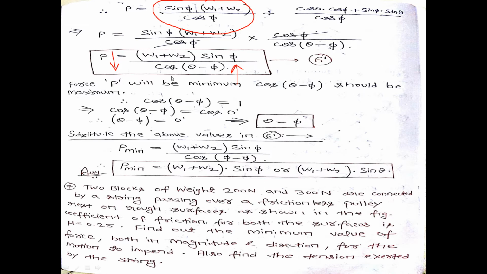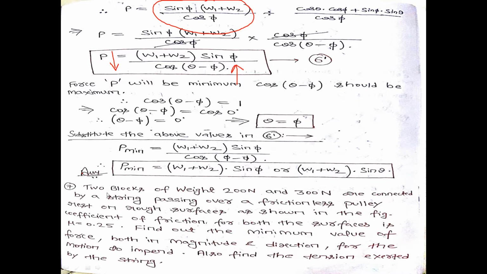You will get the minimum value of force required to move the block, and that minimum force is W1 plus W2 into sine of phi divided by cos of, replacing theta by phi, cos of phi minus phi. Phi minus phi is 0, and cos 0 is nothing but 1.